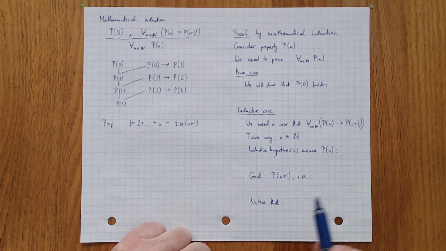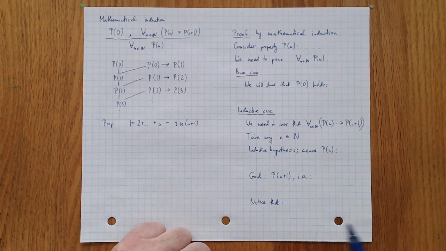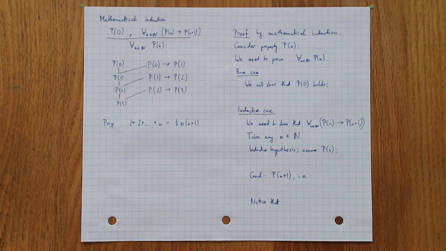Our goal will be p of n plus 1. And some work needs to be done to show that such a goal can be reached. So now let's see how we can use this template to provide a proof of this proposition.